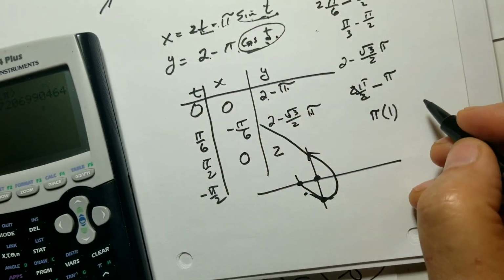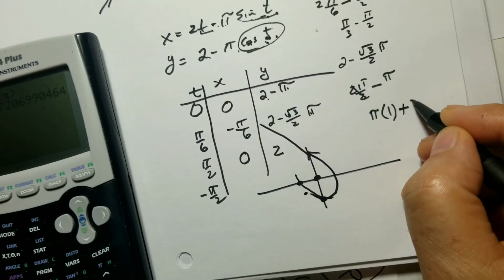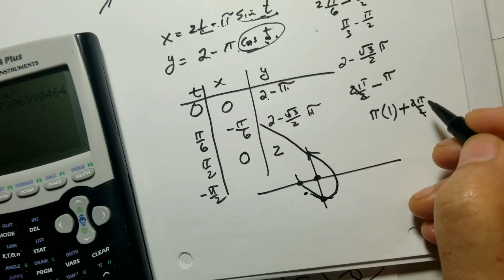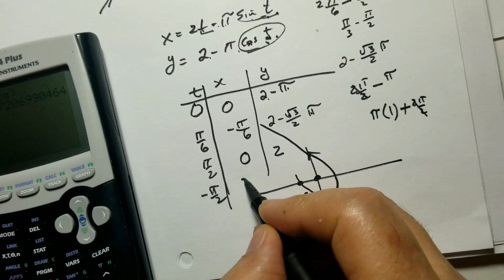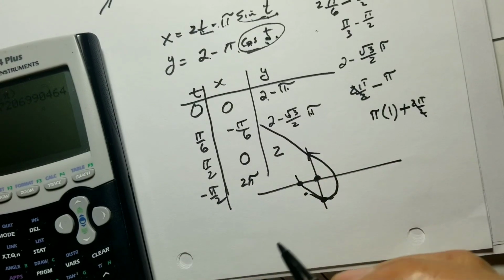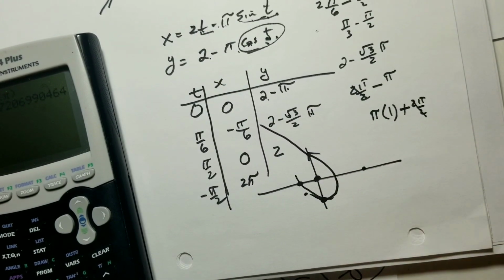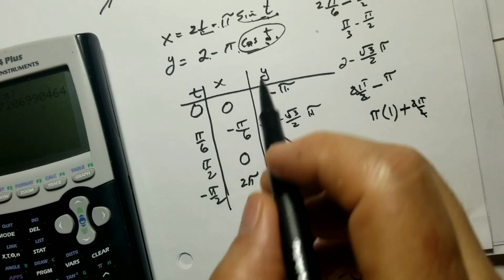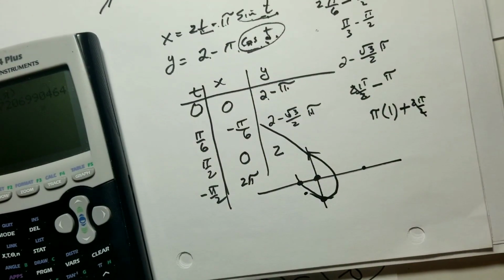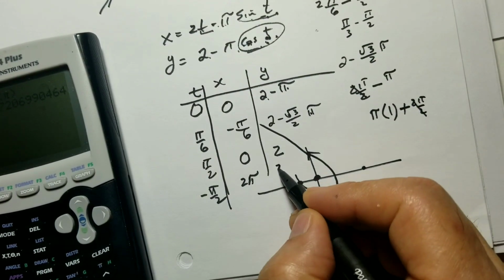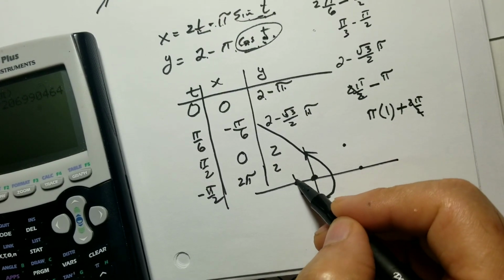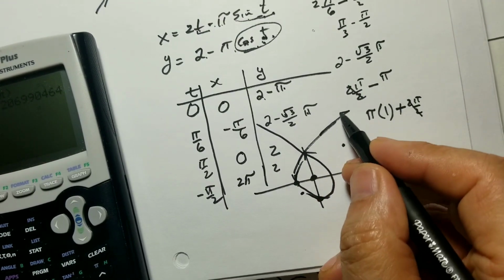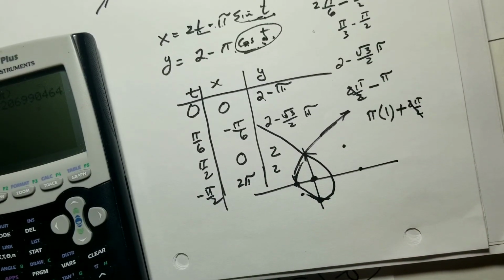And 2 times pi over 2 becomes pi. Therefore, when I put pi in here, it becomes 2 pi, and 2 pi is something like here. And when I put pi over 2 right here, I get a 2. Therefore, somehow this graph is going to go in that direction right there.